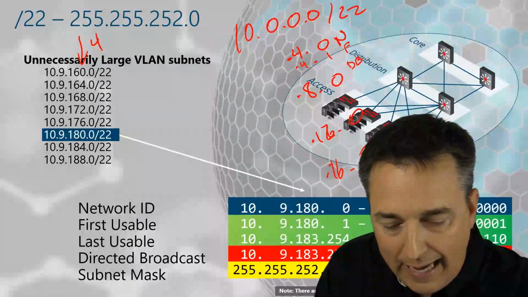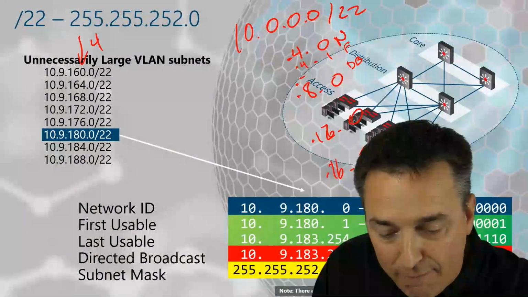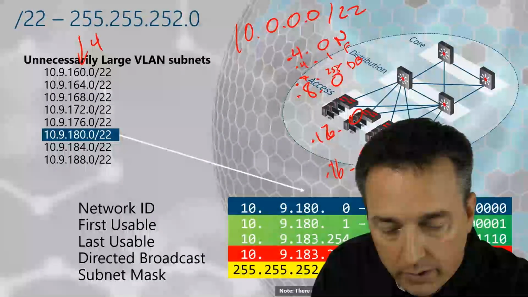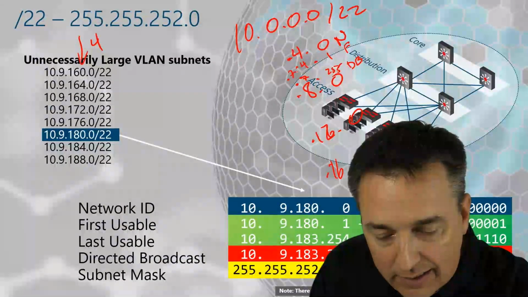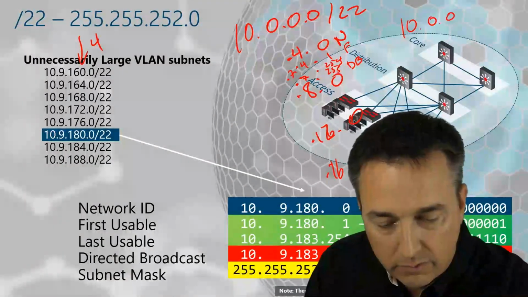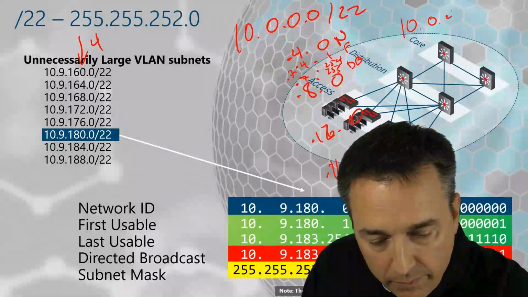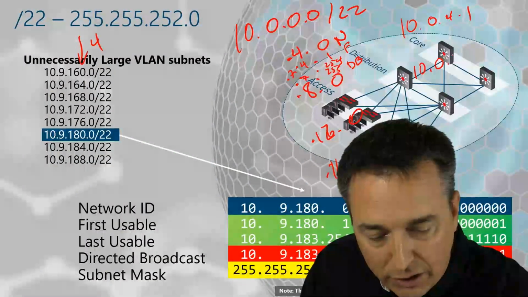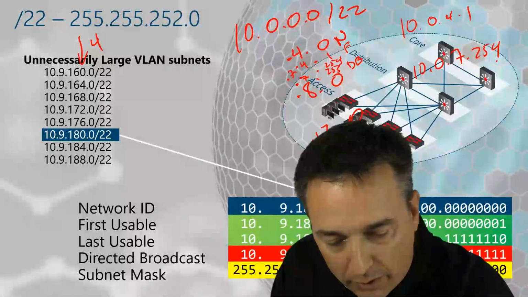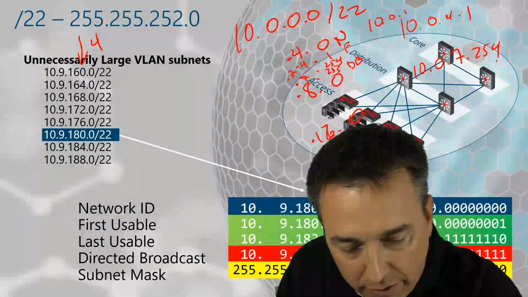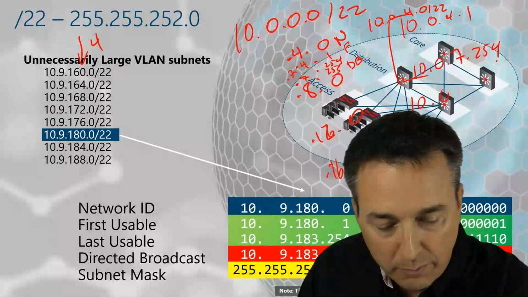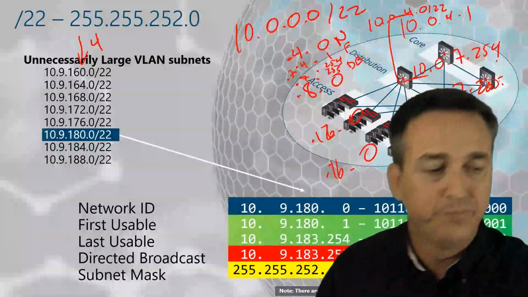The directed broadcast address would be .7: roll back the 8, roll back the 0. So the last usable would be .7.254. Every address from 10.0.4.1 all the way up to 10.0.7.254 would be in this network, 10.0.4.0/22, with a directed broadcast address of 255.